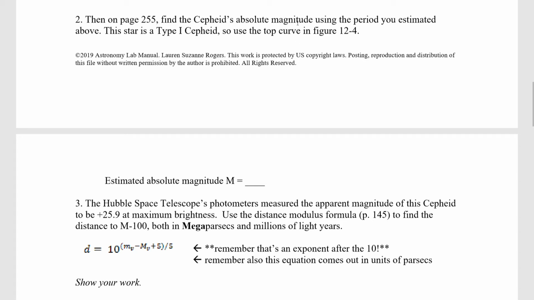It's just a plot of absolute magnitude on the y-axis versus period on the x-axis. So whatever your period turns out to be, if it's 5 days, you go over to 5, then you go up to the type 1 Cepheid curve, and then you go over to the y-axis and read off the absolute magnitude. And that's all there is for this.